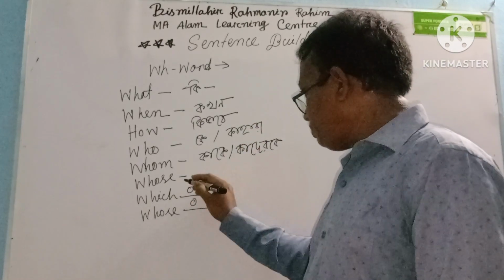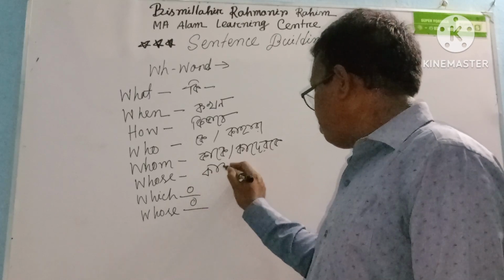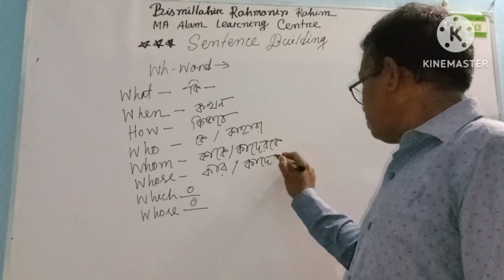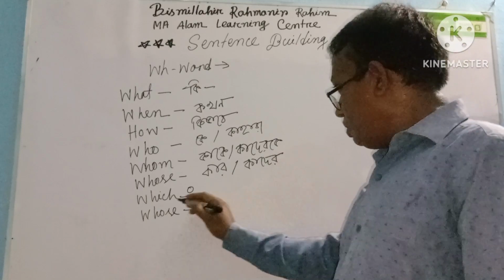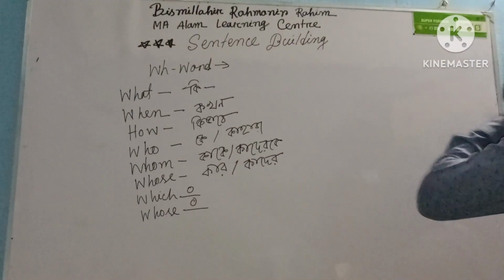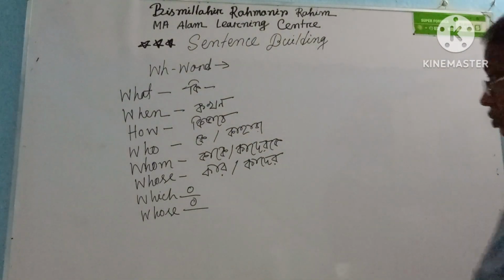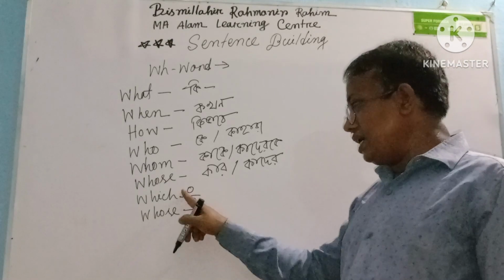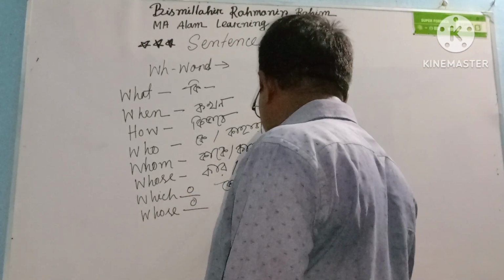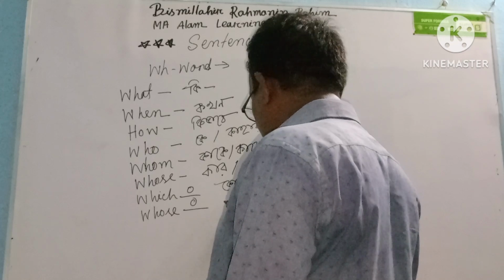Whose? কার বা কাদের? Which dash? Whose dash? After which dash and whose dash, we have to use a noun here. কোনটি? কোনটি বা কার?